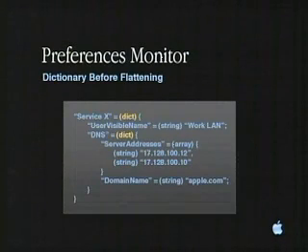So here's the dictionary before we flatten it. If you look at it, we've got a dictionary that contains a property that's a string called user visible name, and it's set to worklan. It also contains a subdictionary called DNS. The DNS contains server addresses and a domain name. After flattening, that'll become two dictionaries.